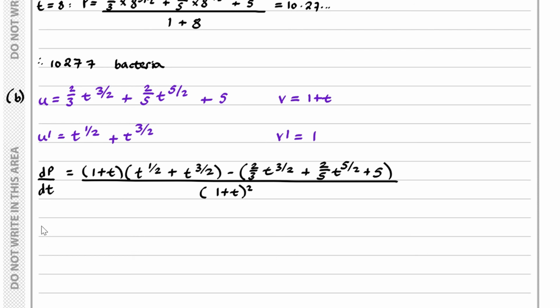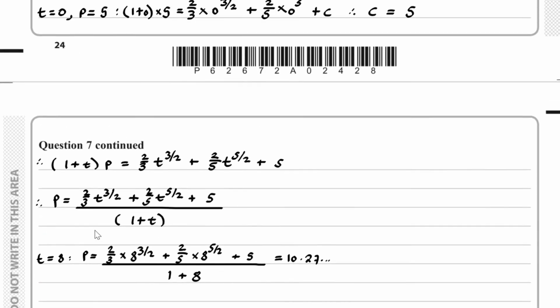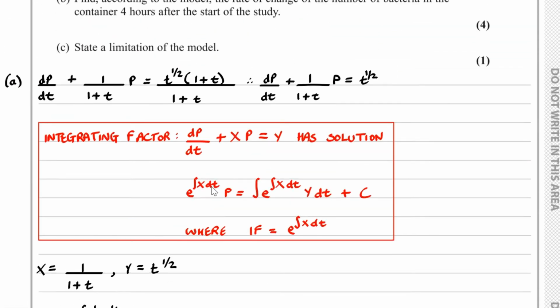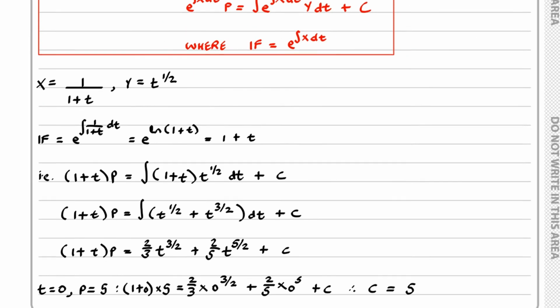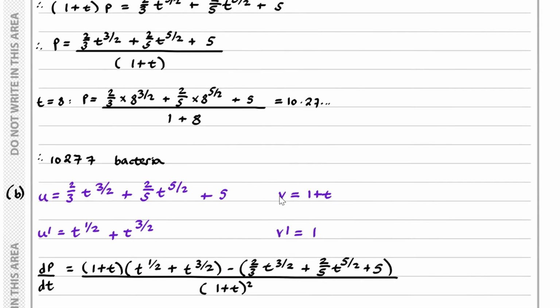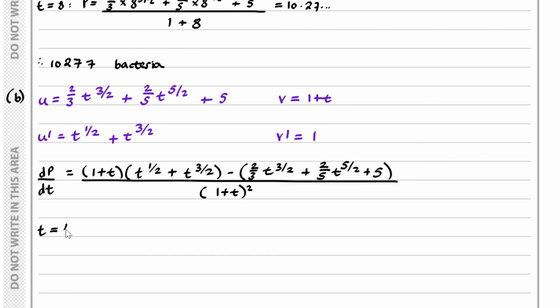Now if you go back to the question, the rate of change 4 hours after the start of the study, so we simply substitute in T equals 4.